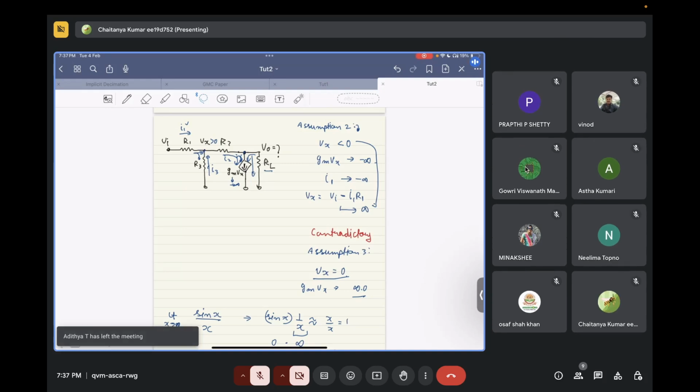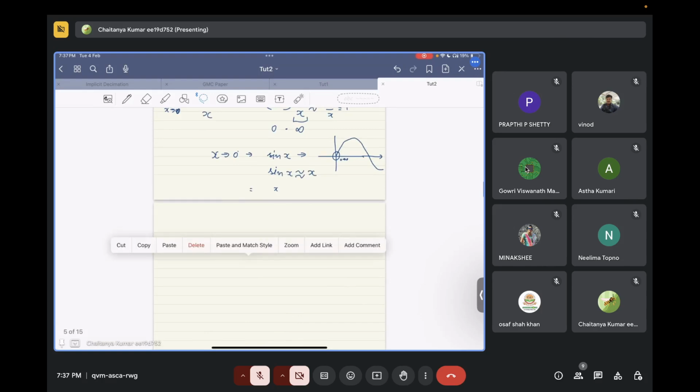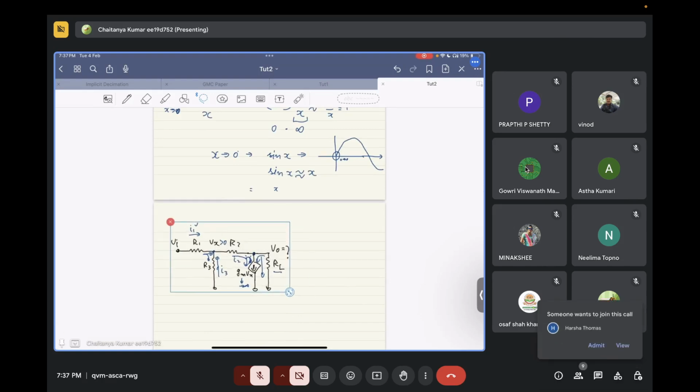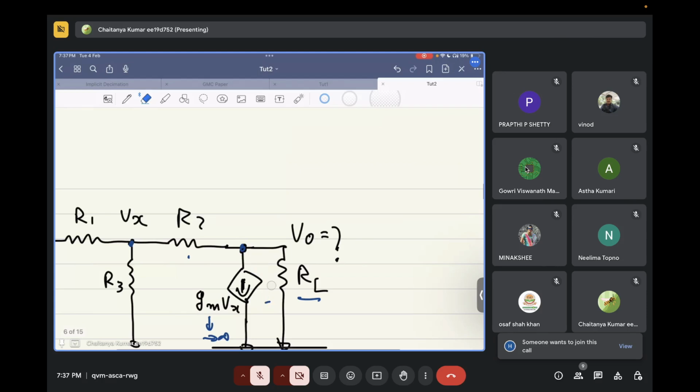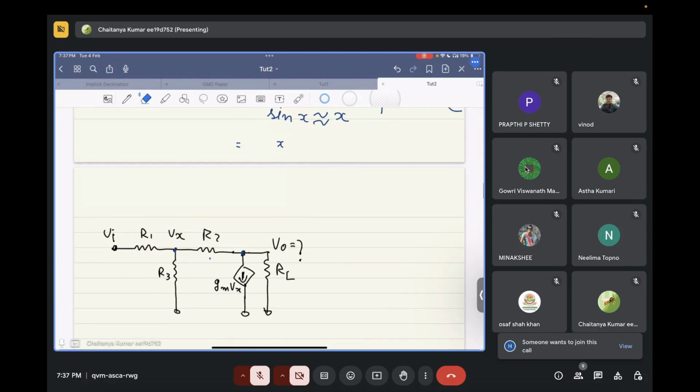Let's copy this circuit with the assumption Vx equal to 0. We are assuming Vx equal to 0 and Gm is tending to infinity.